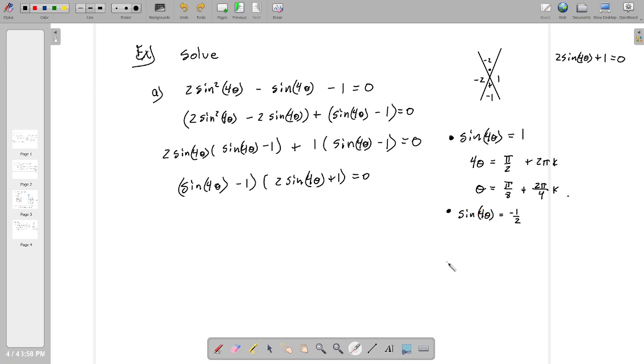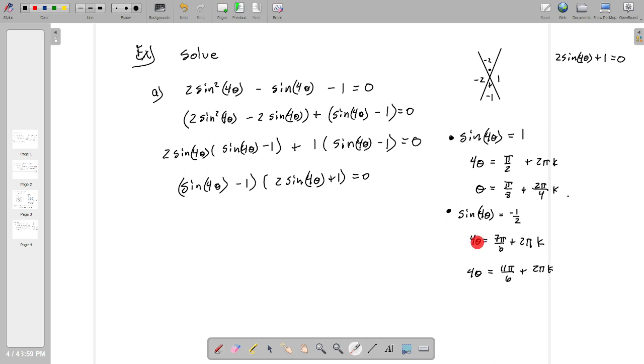And in order to get the solution, we need to replace all of 4 theta with that angle. That means that 4 theta has to be equal to that angle. And the answer will be 4 theta is equal to 7 pi over 6, plus 2 pi k, of course. And 4 theta is equal to 11 pi over 6, plus 2 pi k.